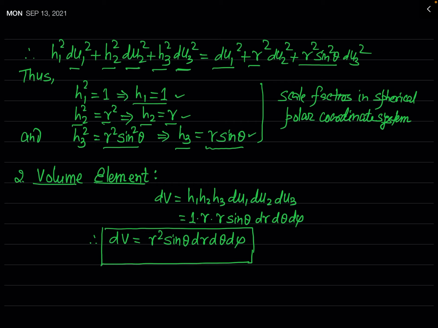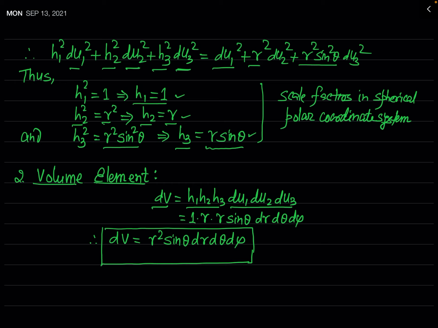See here, the general expression for the volume element dV in an orthogonal curvilinear coordinate system, you have seen this result in earlier lectures. This is equal to h1, h2, h3, du1, du2, du3. But as you can see, h1 is 1, h2 is r and h3 is r sine theta.